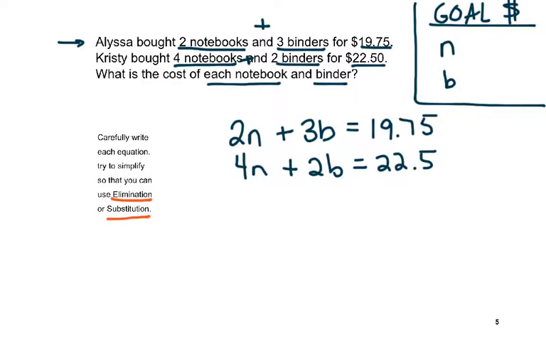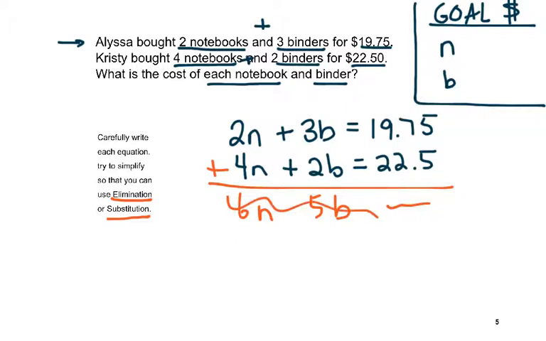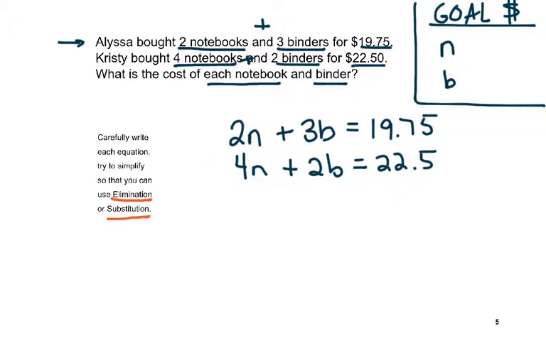So it requires us to study both equations and see if there's anything we can cancel out. When I look at them, if I add them together, I'm not really going to get anything that's going to get me any further. That's not really going to work. So we don't really want to go that route.